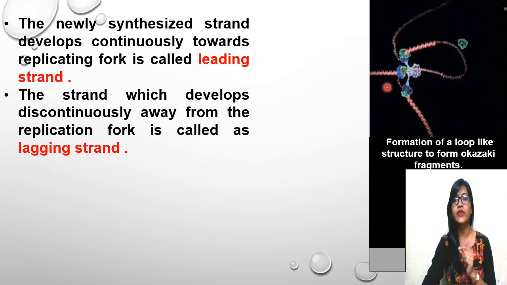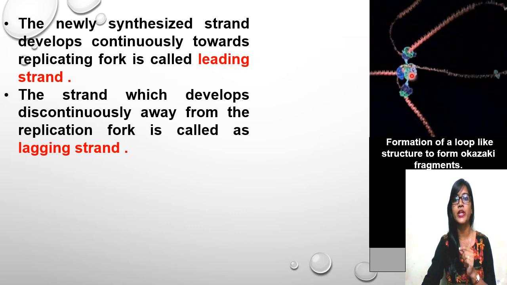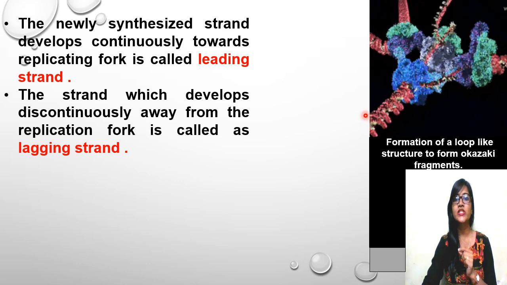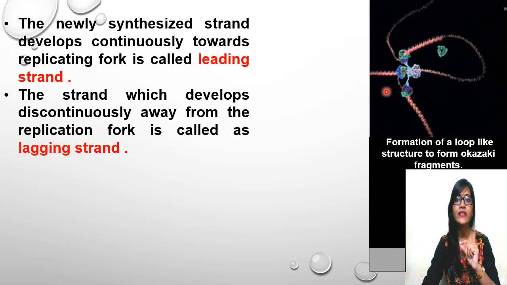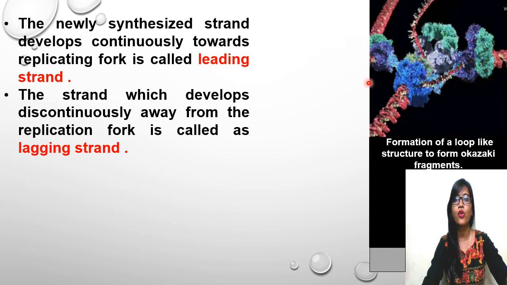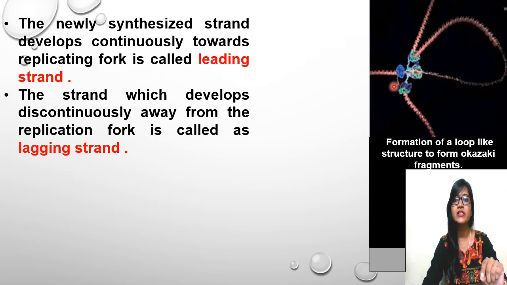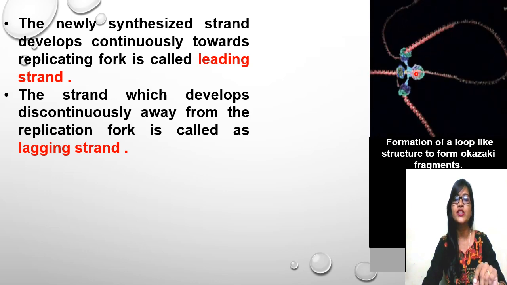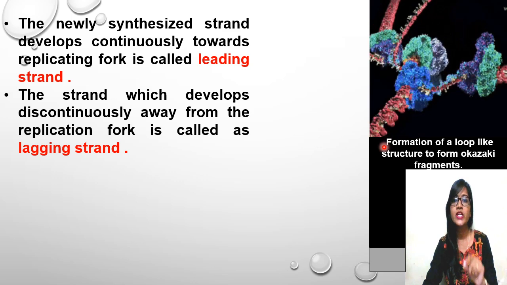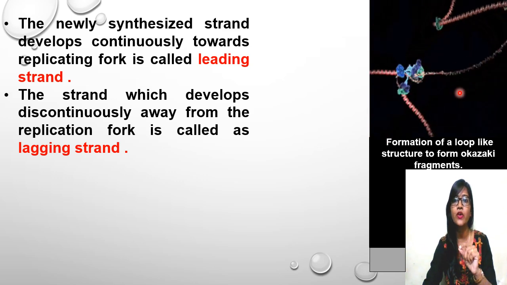Now see, this is the replication fork. This is the twisted DNA structure. Can you see that? These enzymes are moving forward. This is the helicase enzyme, which is moving forward and separating these two strands. So there is the 5' to 3' direction of the strand.